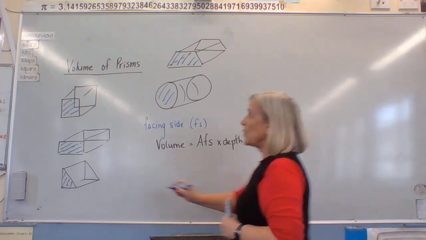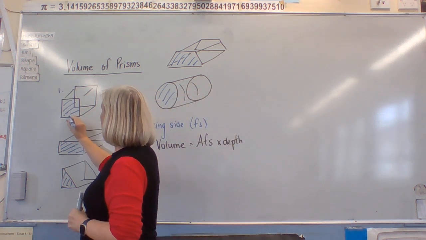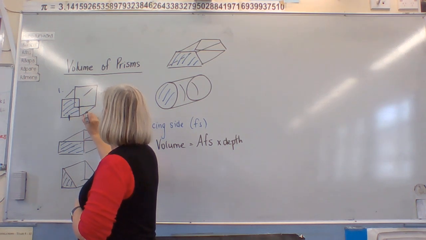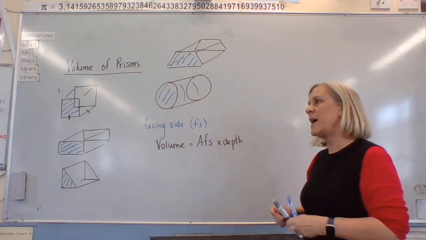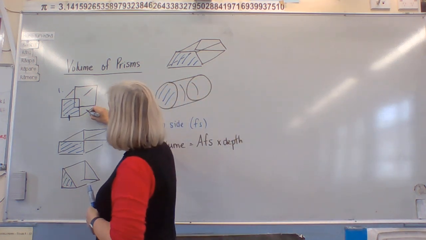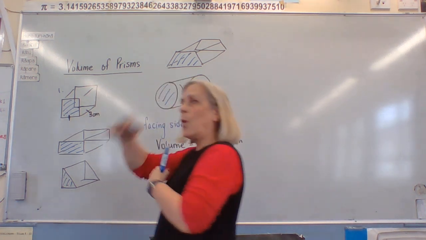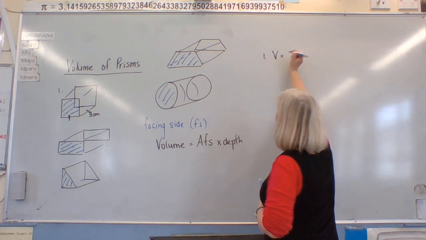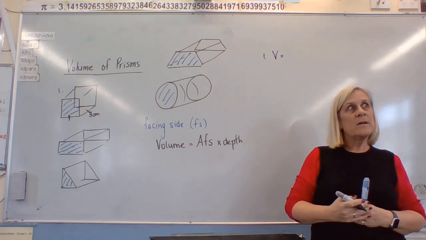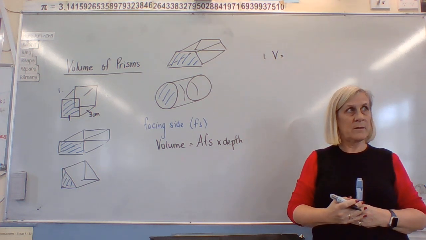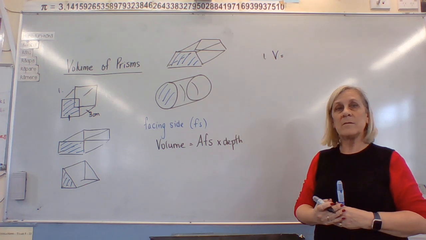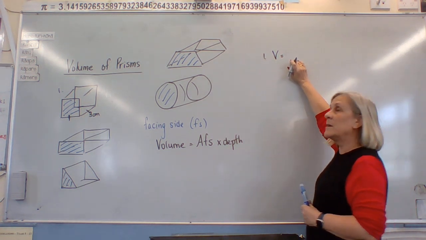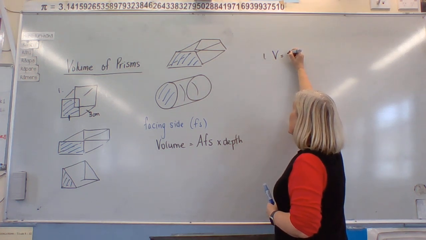So if we call this one 1, and we know that it is a square, all right? We know that it's all equal shapes, and that we know that this is 3 centimetres. All of the shapes. What's the easiest way to find the volume of this one? The volume will be the base times the height.